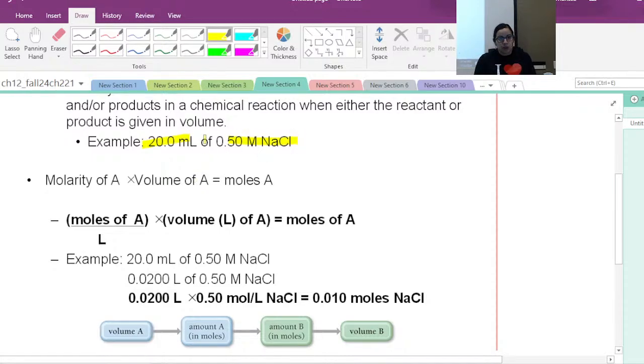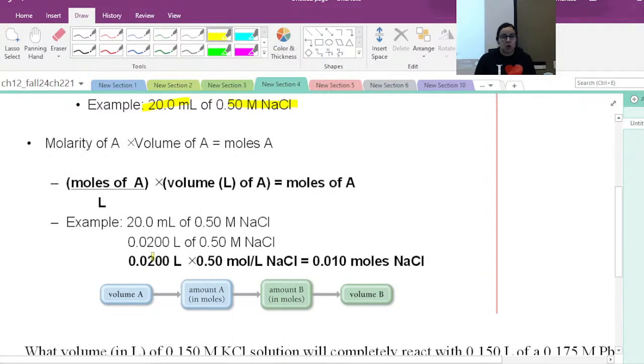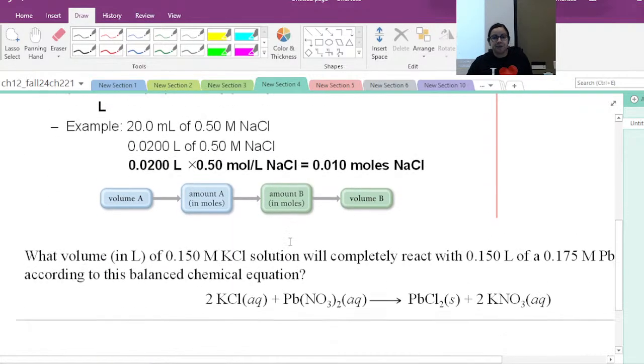The first step is to convert: molarity is given in moles over liters, so if you're given milliliters, convert to liters. Then you multiply by your molarity to give you your moles. That's what's shown in this step, and they walk you through the math there.